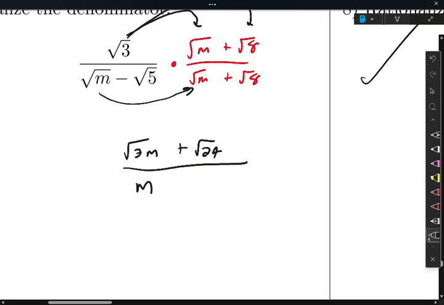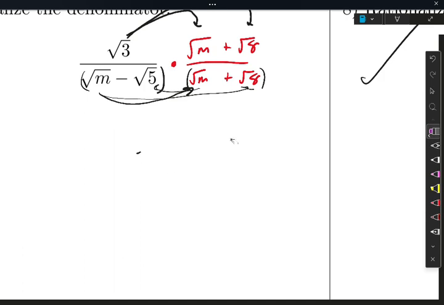Don't forget, we're multiplying by the conjugate, so those two middle terms will cancel out. I'm sorry, I wrote this down wrong. Let me fix this. My fault. I misread my own 5 as 8, so let me fix that real quick. Sorry about that. This is root m plus root 5, and okay, so there we go.